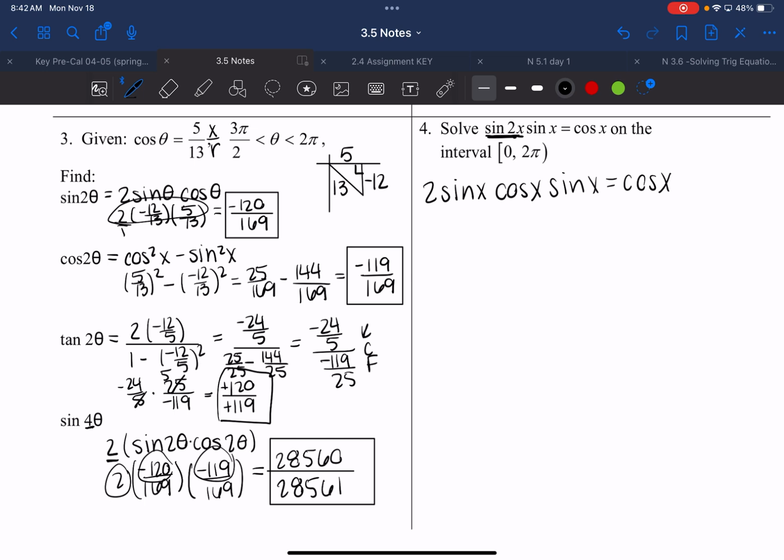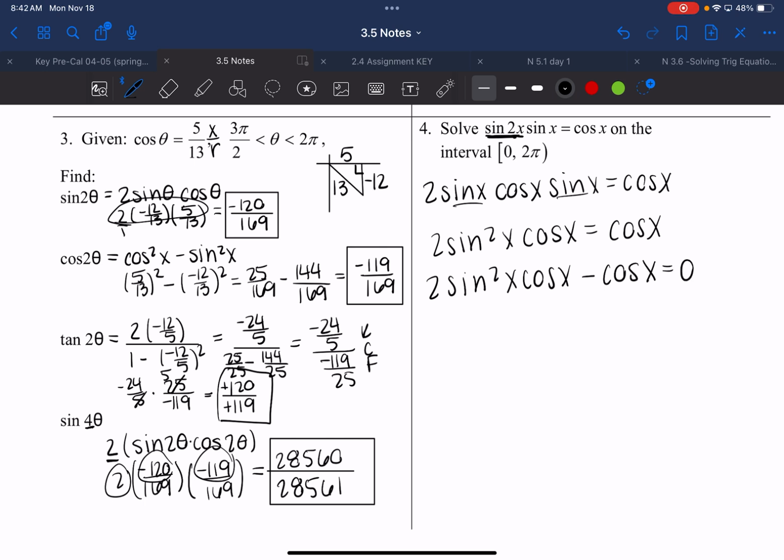Okay, anything we could multiply together or like terms to combine there? Right, sine times sine would be sine squared times cosine of x equals cosine of x. Okay, and if I were going to actually solve this equation, I need everything on one side if I'm going to factor, right? So I'd have 2 sine squared of x cosine of x, and I would move that over by subtracting, so minus cosine of x.